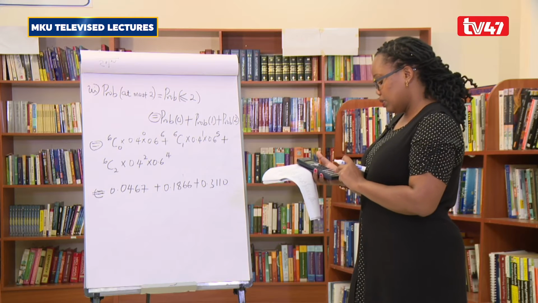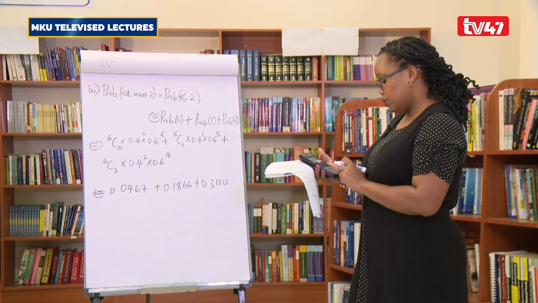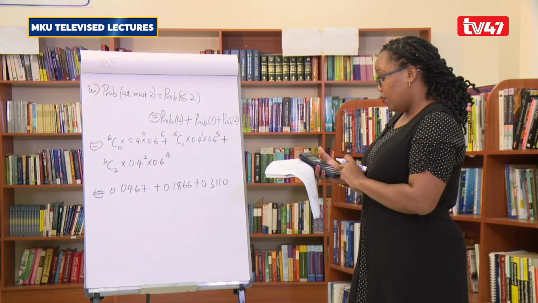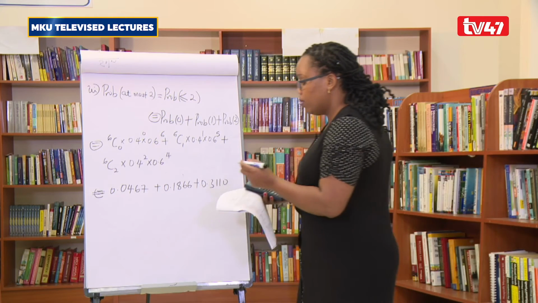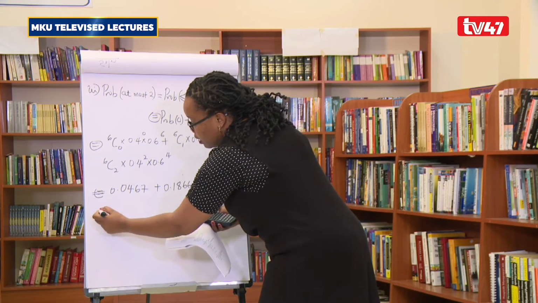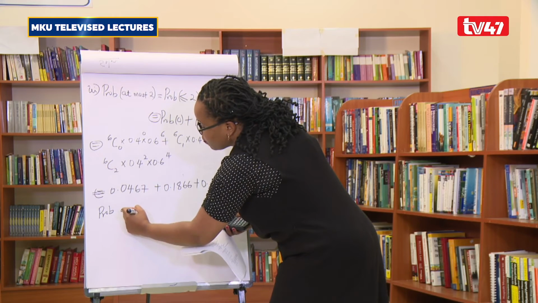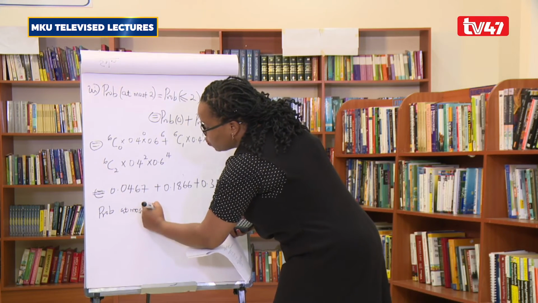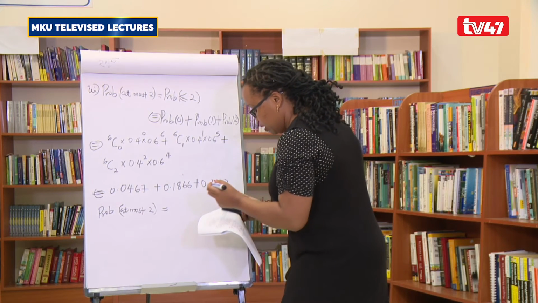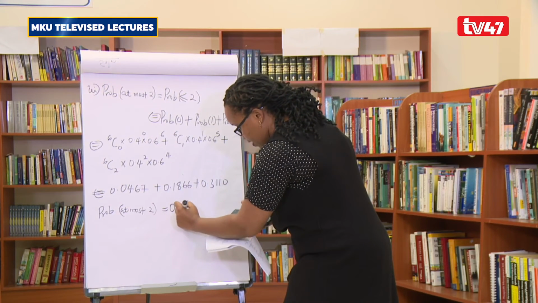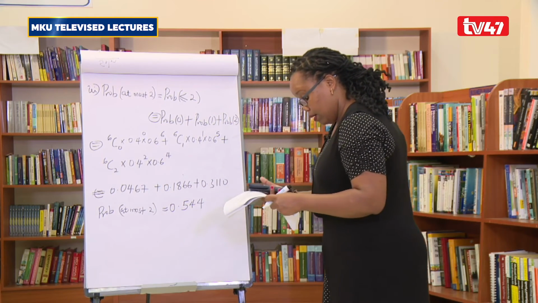So plus 0.1866 plus 0.3110, which gives me, so probability of at most 2, once I do the addition, 0.5443.